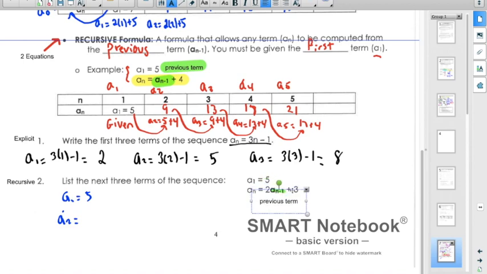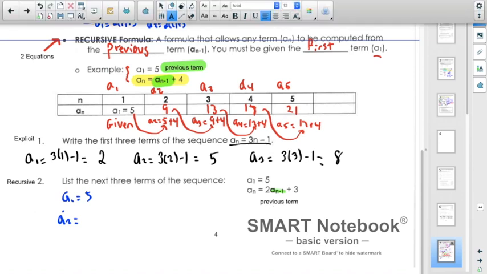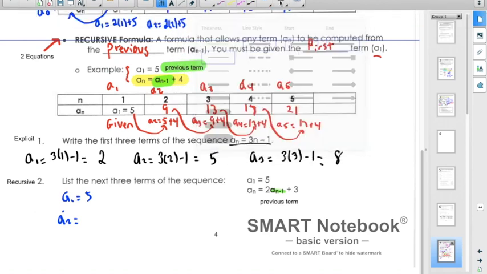And then add 3 to it. Okay? So let's do that. For a sub 2, I want to find the second term in this sequence. Well, I'm going to take 2 first off the bat, multiply it by the previous term.